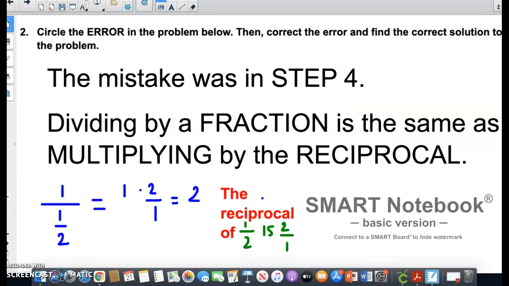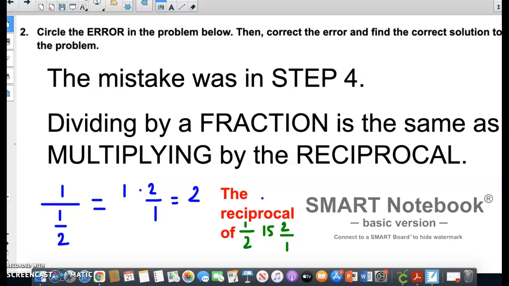All right. For number 2, it was an error analysis problem. So you had a problem completely worked out. You had to find the error and then find the correct solution to the problem. So for this problem, the mistake was in step 4. When you are dividing by a fraction, that is the same thing as multiplying by the reciprocal. So here, 1 divided by 1/2 is equal to 1 times 2 over 1 because the reciprocal of 1/2 is 2 over 1.